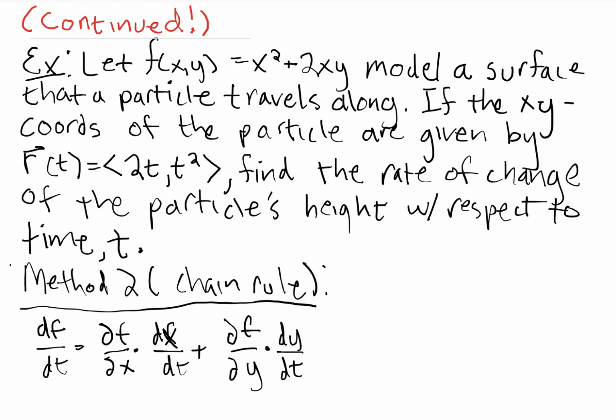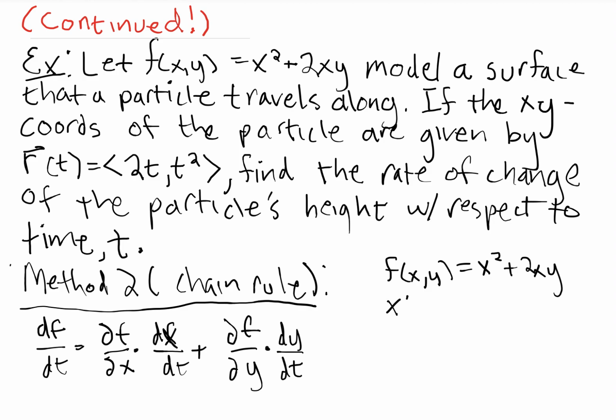Now in this particular case, if I wanted to name what each of these functions is, well, we've got that my f of x, y is, as explicitly stated up top, x squared plus 2xy. My x function and my y function, I'm going to need to take the derivative of those, but what are they?